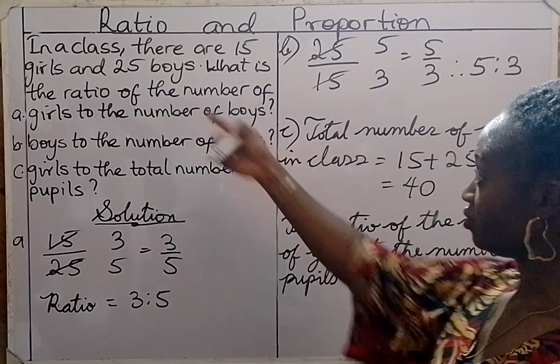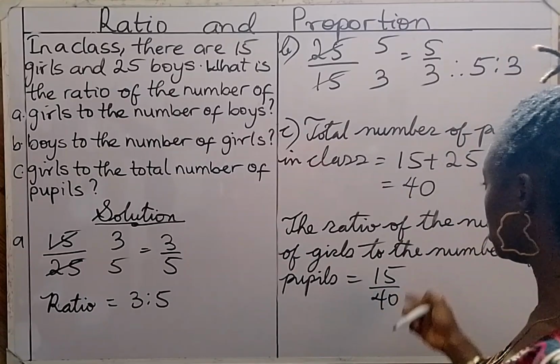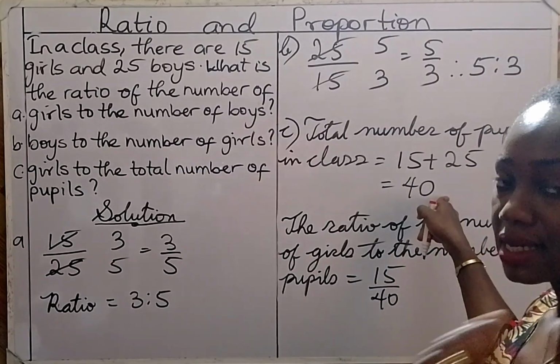Because the number of girls given is 15, right? So that's 15 over 40, which is the total number of pupils in the class.